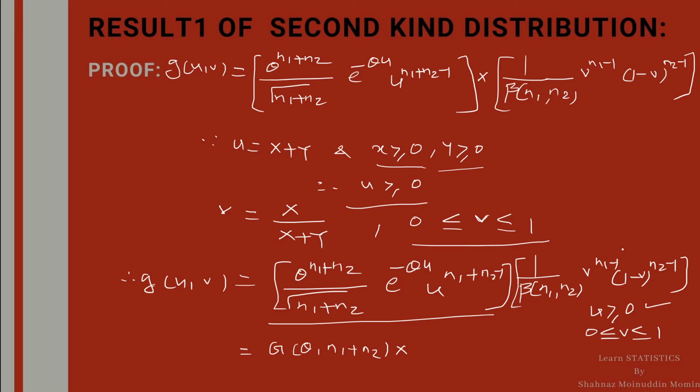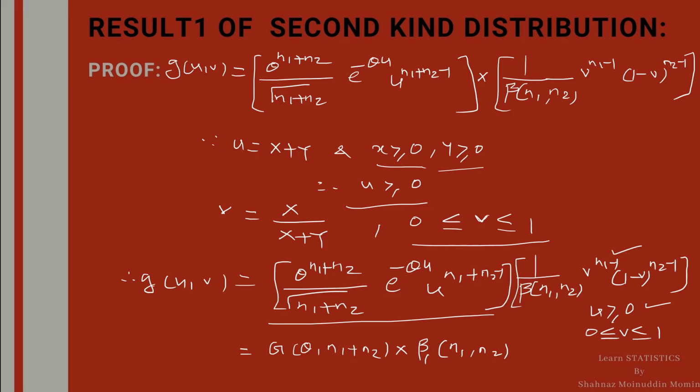By observing the second term, 1 by beta n1 n2 v raised to n1 minus 1, 1 minus v raised to n2 minus 1, with v lying between 0 and 1, it is nothing but beta first kind with parameters n1 and n2. Means the joint PDF of u and v is equal to the product of gamma with parameters theta and n1 plus n2 and beta first kind with parameters n1 and n2.